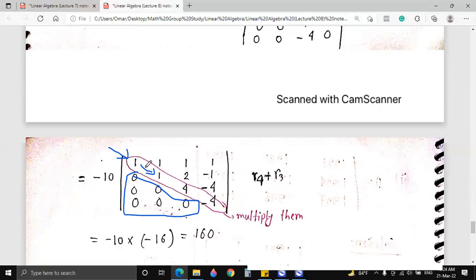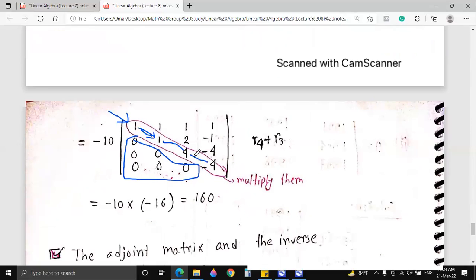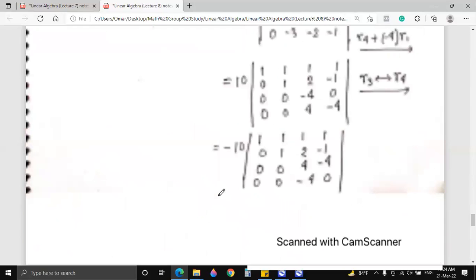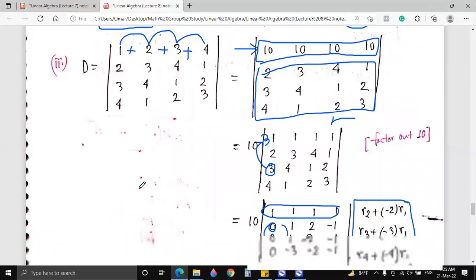So 1 multiply 1 is 1, multiply 4 is 4, 4 multiply minus 4 is minus 16. Then minus 16 multiply minus 10 will become 160. So this way we can find the determinant of our matrix.